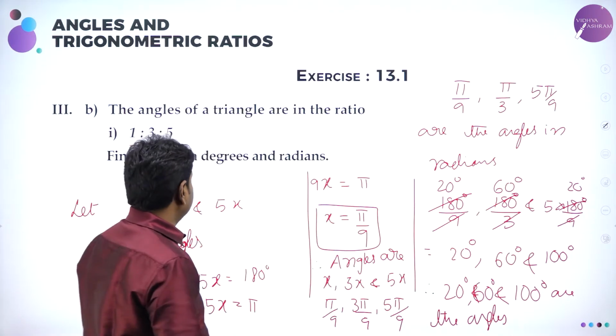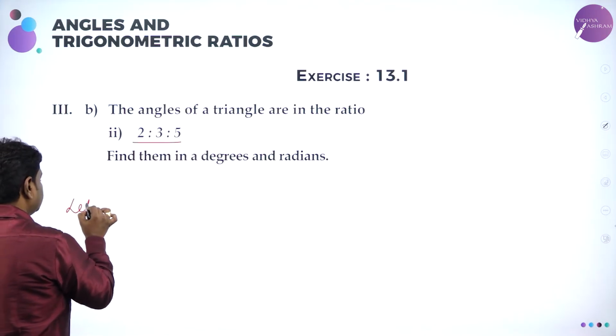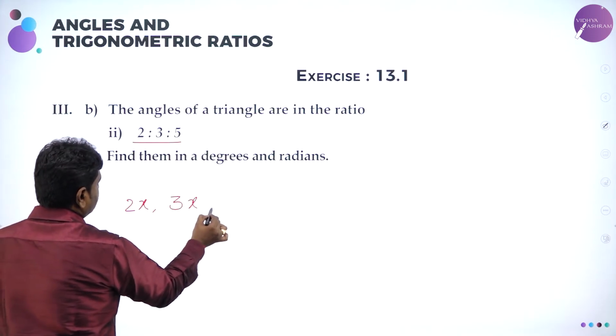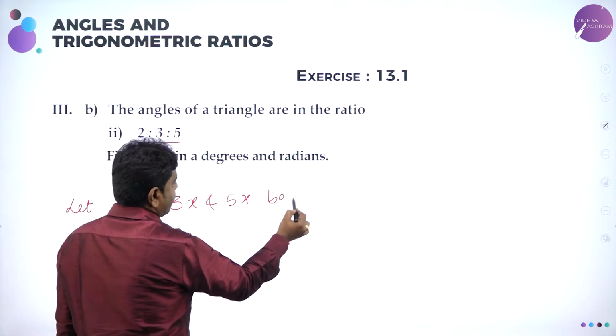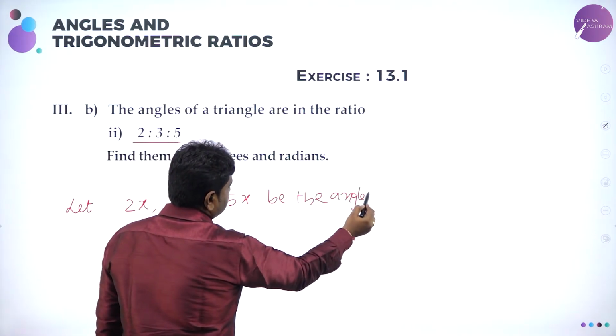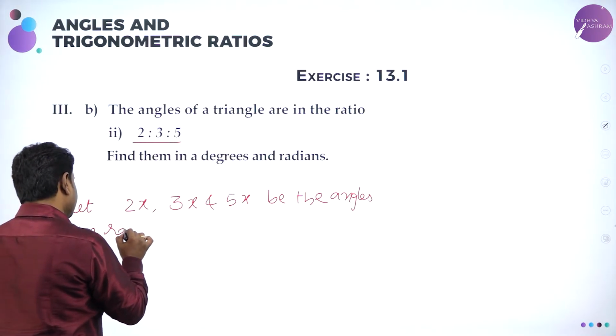The next question, 2:3:5, same. Let 2x, 3x and 5x be the angles. I'll assume them in radians.